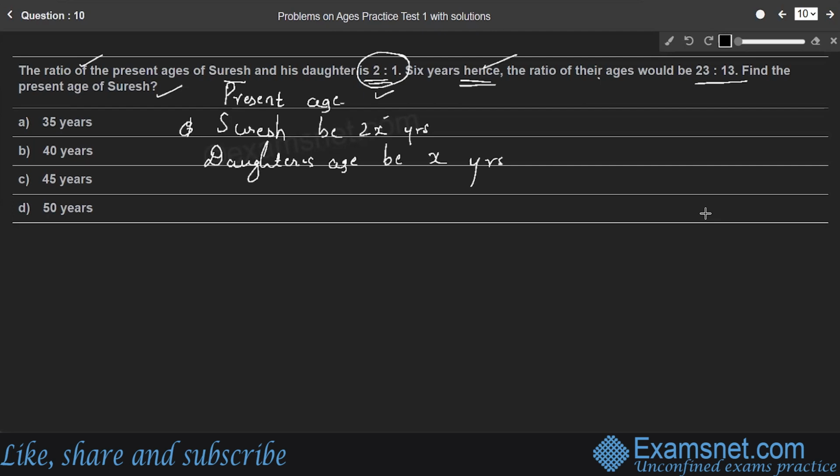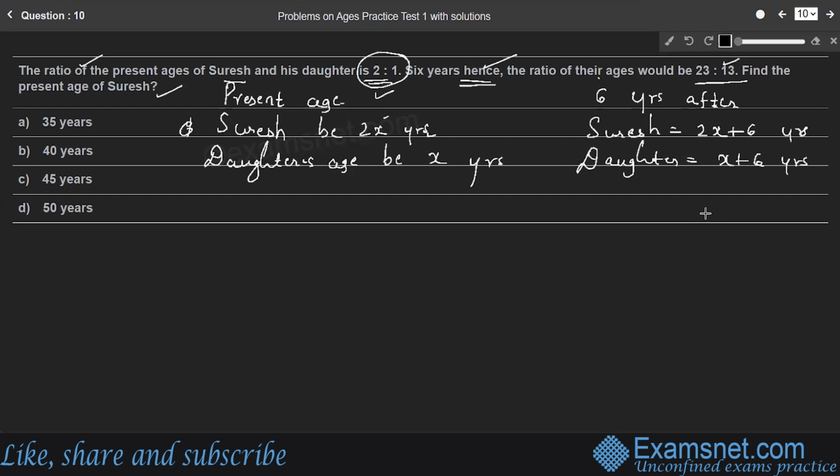6 years hence means after 6 years, right? 6 years after, the ratio of their ages would be 23:13. So 6 years after, Suresh will be 2x plus 6 years old, right? And his daughter will be x plus 6 years old, right?